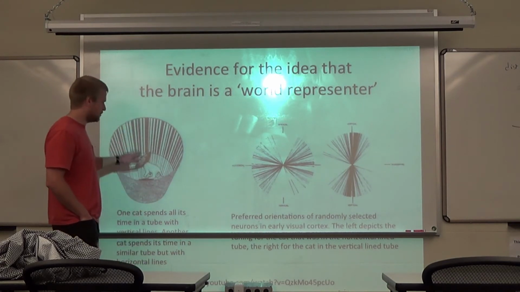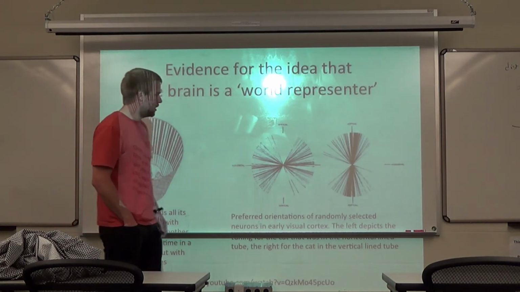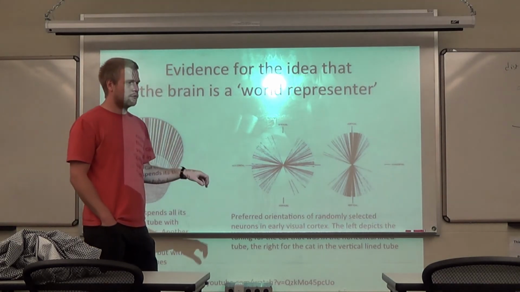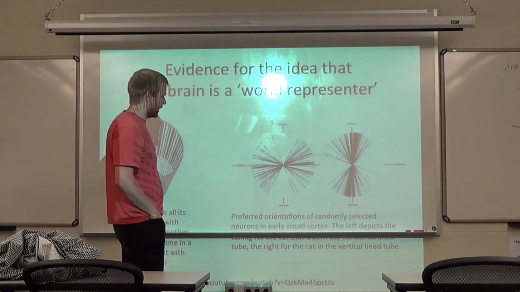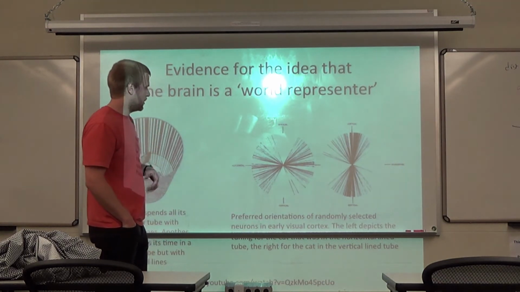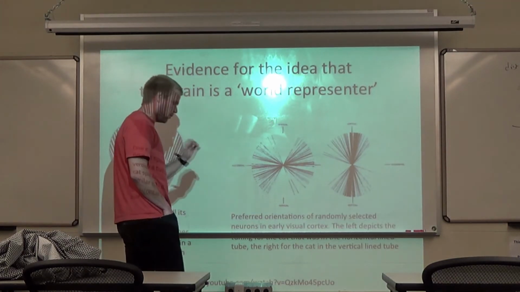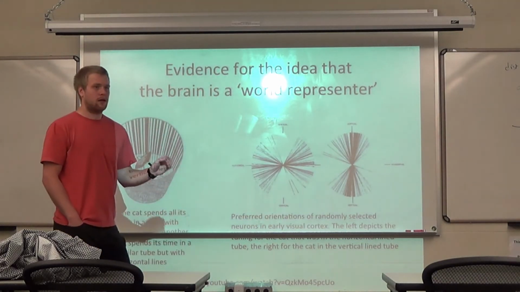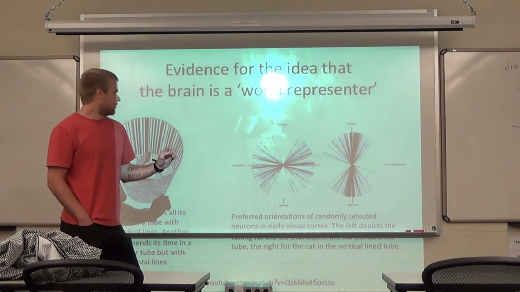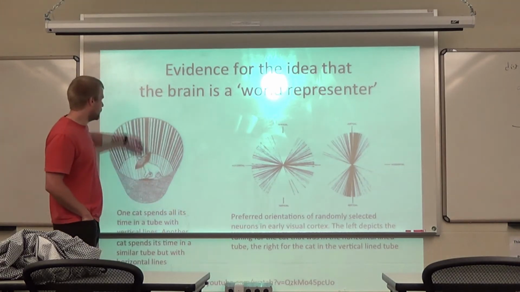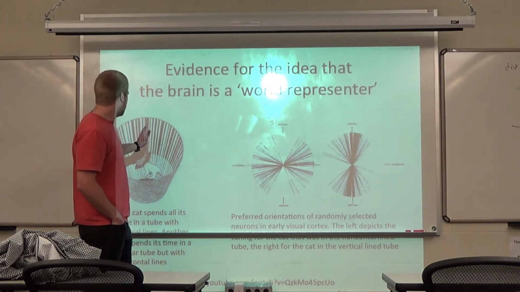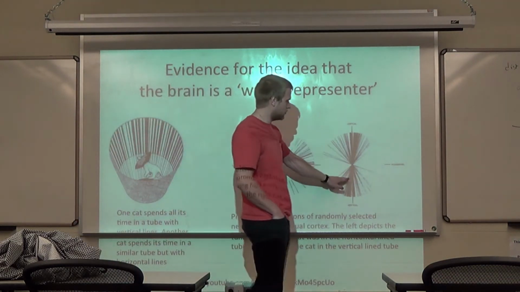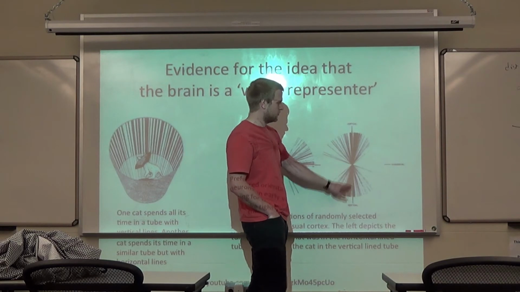And then, after the cats had been in this or that for months or so, I think they waited until the end of the critical period for vision in cats. And then they probed the neurons in early visual cortex to see what they liked. The cat that existed only in a vertical environment had all of its neurons tuned to vertical stimuli.